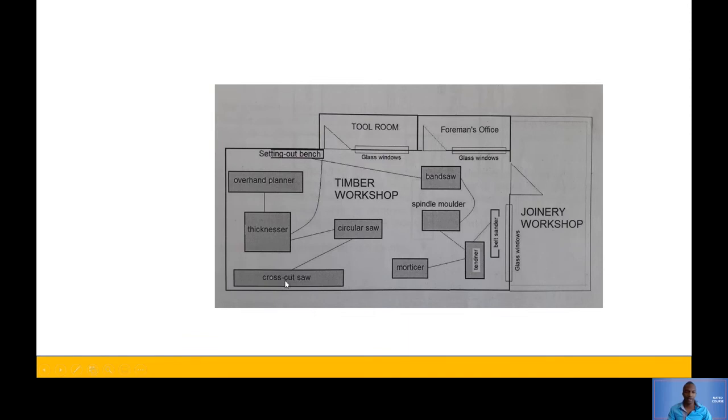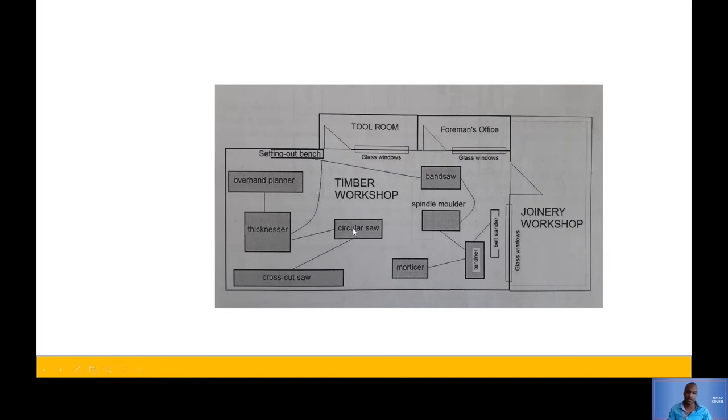If you look at the bottom left over here, you can see cross-cut saws. When you bring in the big plank, first you have to cut it through the long section. As you can see there, that's a long section.